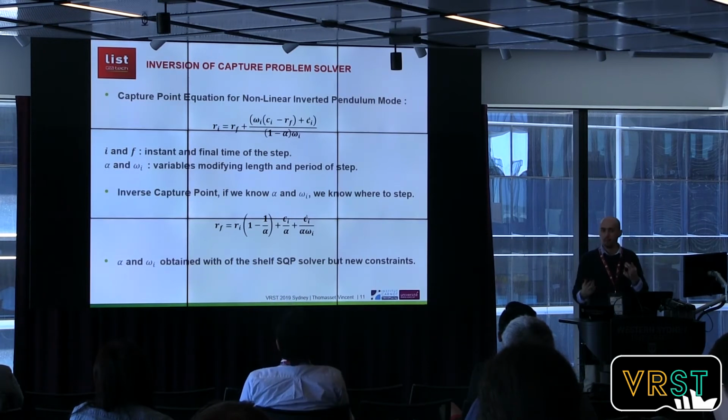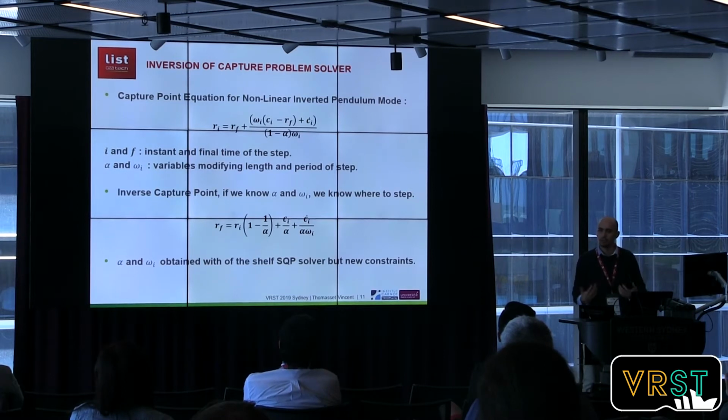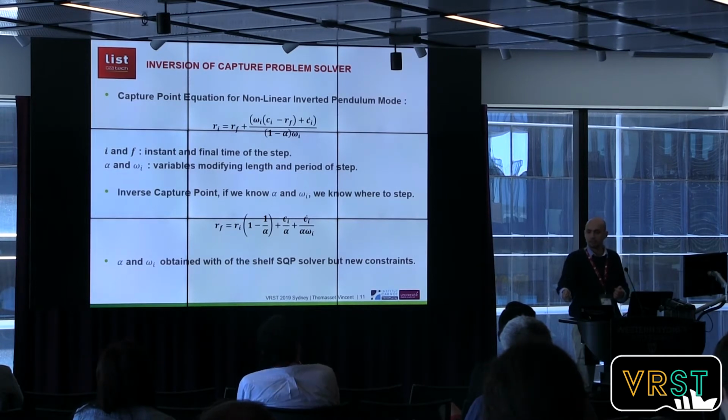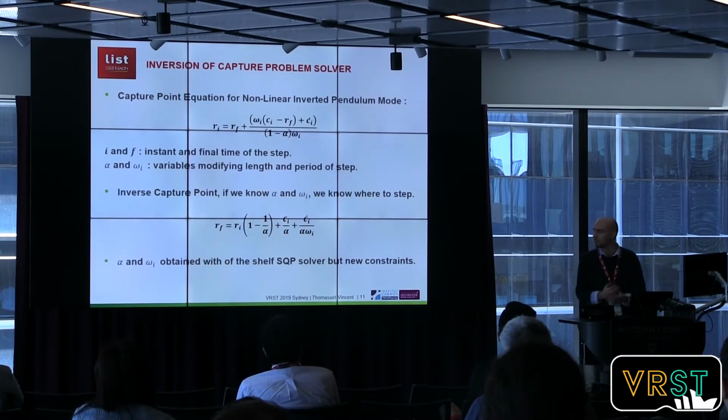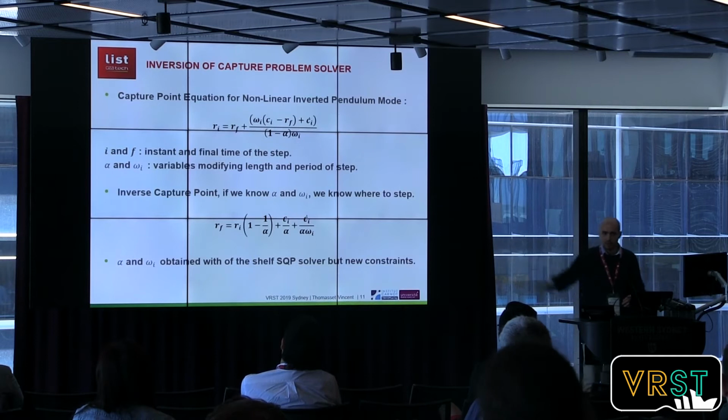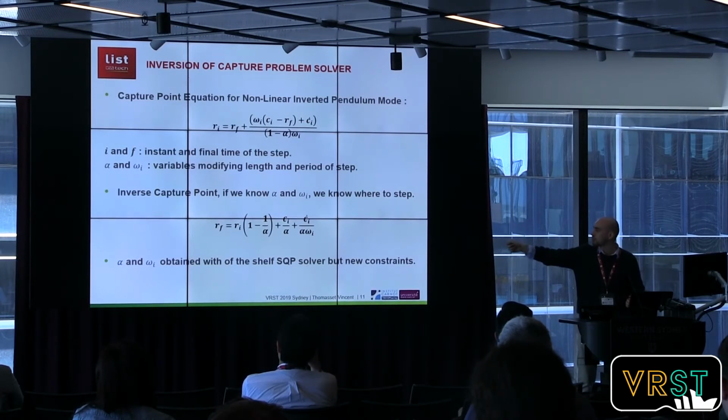So for my problem, I invert this equation because I already know how the user is moving. I know its position and center of mass, and what I want to know is where I have to put its feet in order to maintain stability. So I invert the equation, and now I have the final ZMP, RF, which I want to compute, and it depends on the initial parameters of the user's tracked motion that I can measure: the ZMP, the position and velocity of the center of mass.